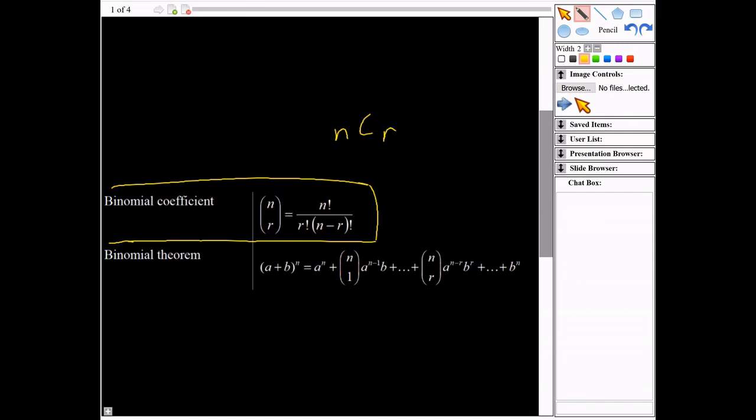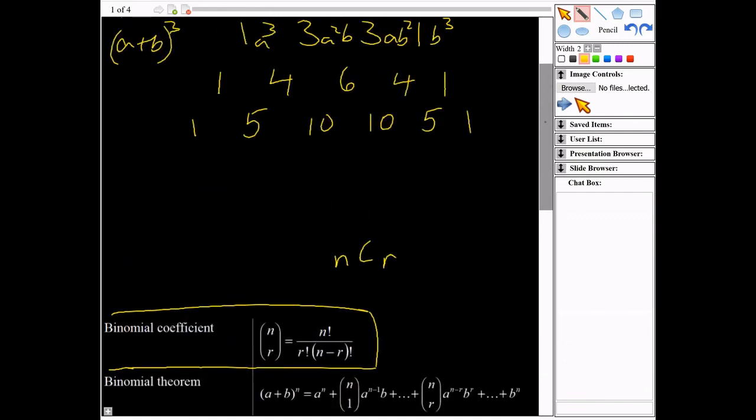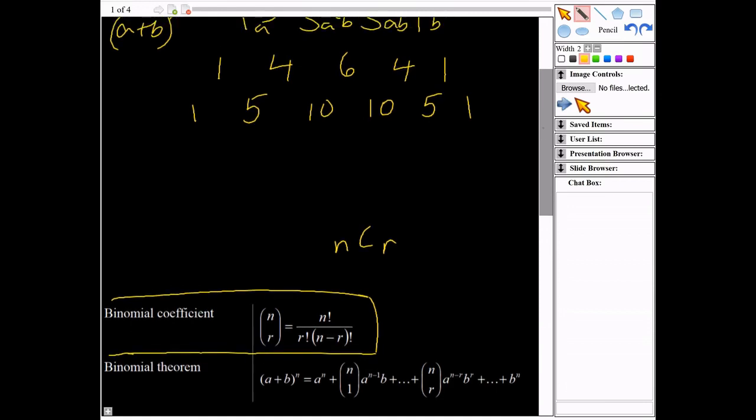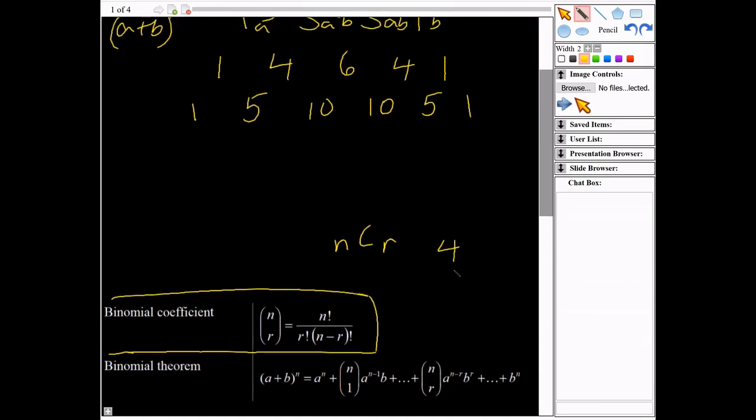So in this case, if you were doing it with 4, I would write 4 and then choose 1, and that would be written like this. That would give me the answer of 4. And then 4 choose 2 would give me the answer of 6. The first number, 4 choose 0, would give me the answer of 1.